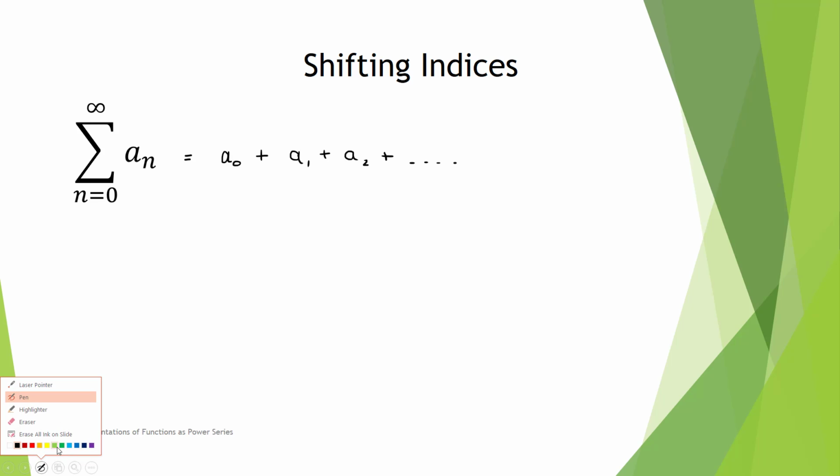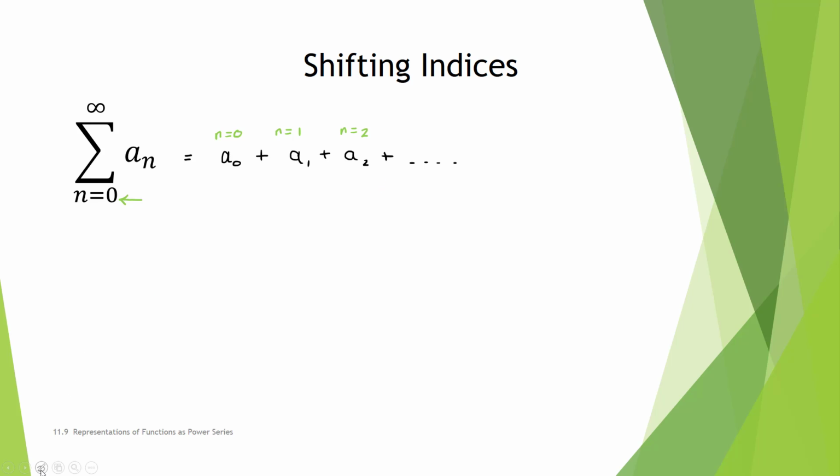The idea here is that we look at the bottom number, so we first plug in 0 for n, and that's how we get a sub 0. And then we plug in 1 for n, and that's how we get a sub 1. And then we plug in 2 for n, and that's how we get a sub 2, and so on and so forth.